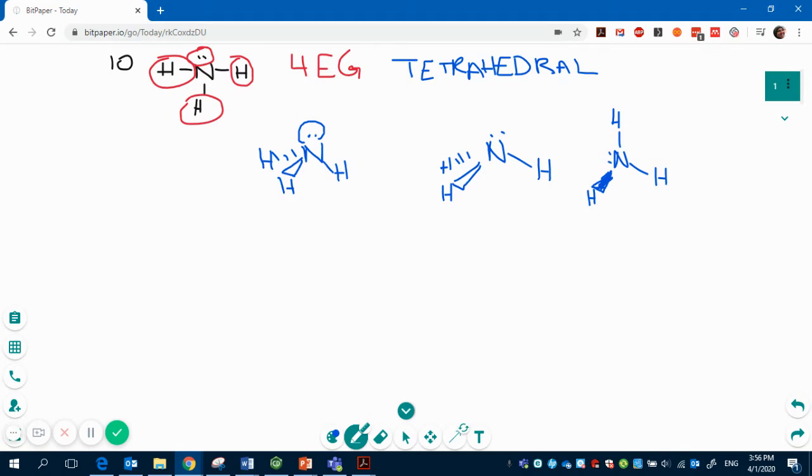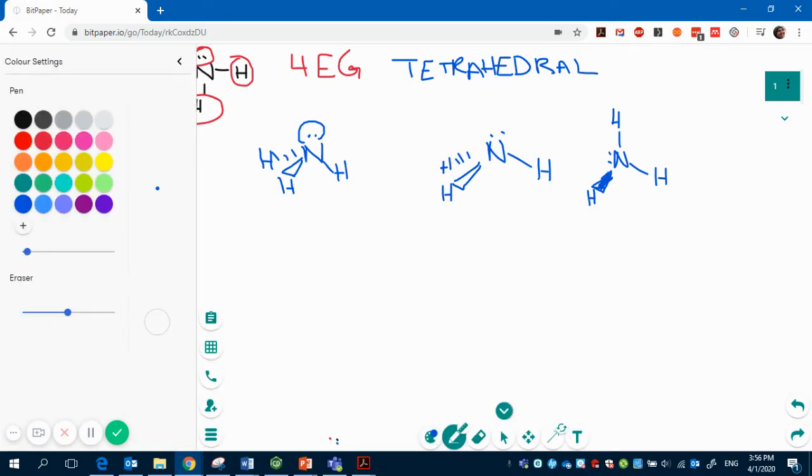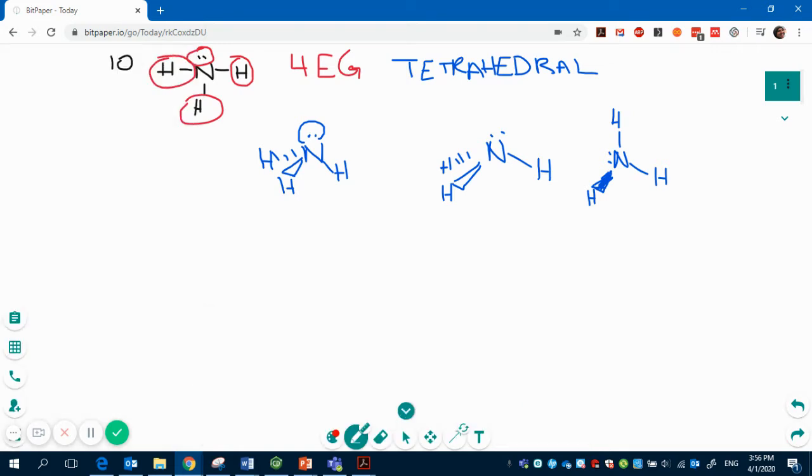And the shape: the electron group geometry is tetrahedral, but the molecular geometry, which is what we observe for this molecule, I'm going to type this because I can't write very well. The electron group geometry is tetrahedral.